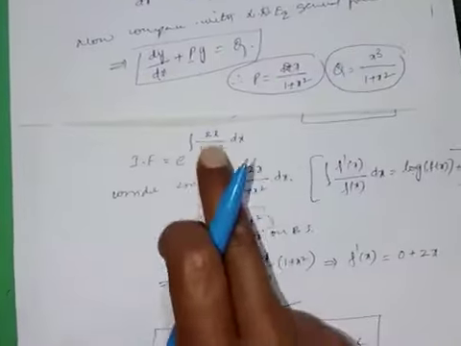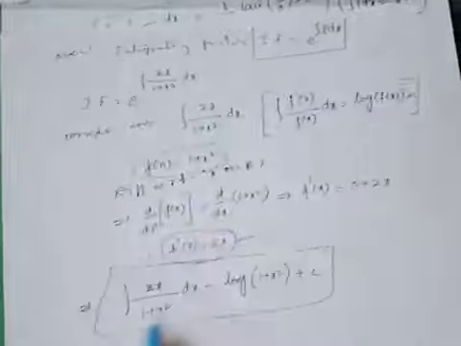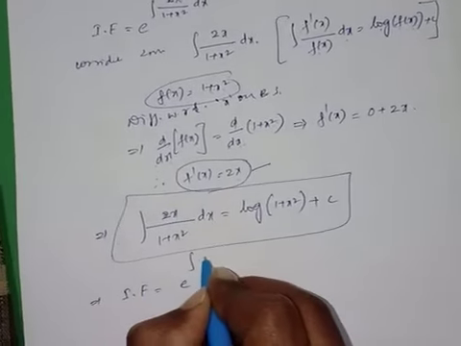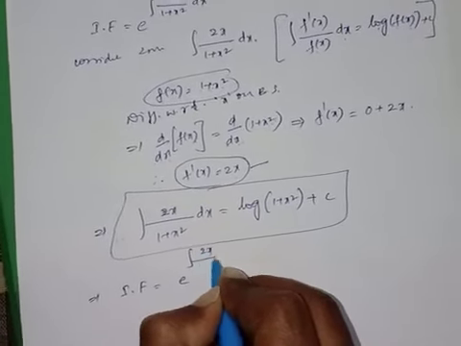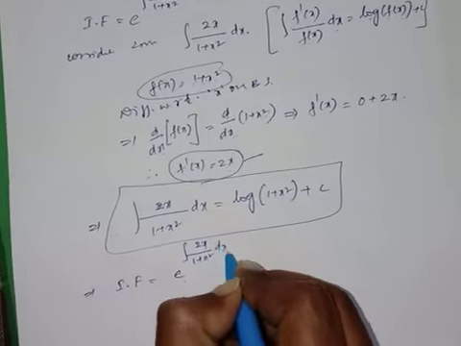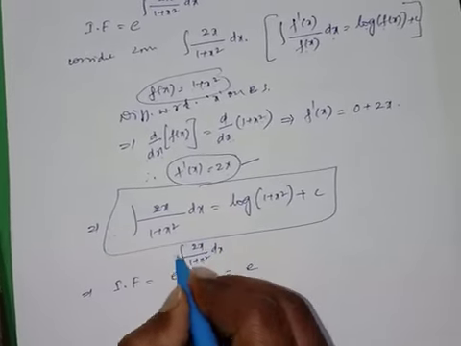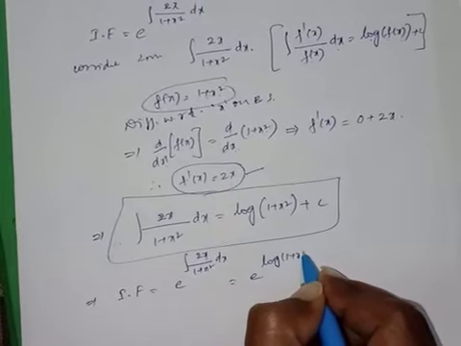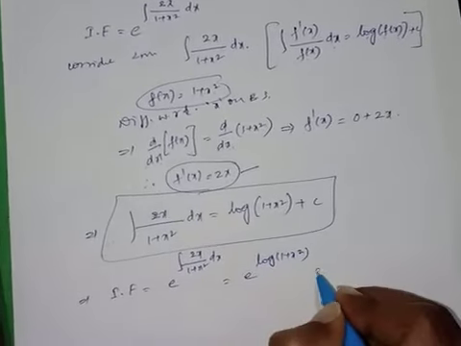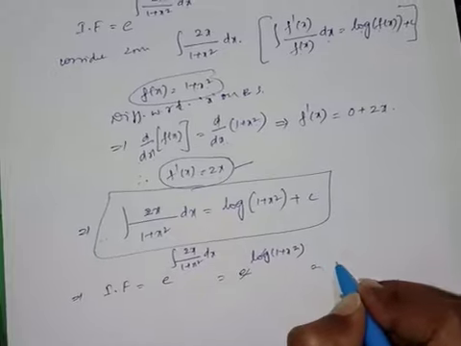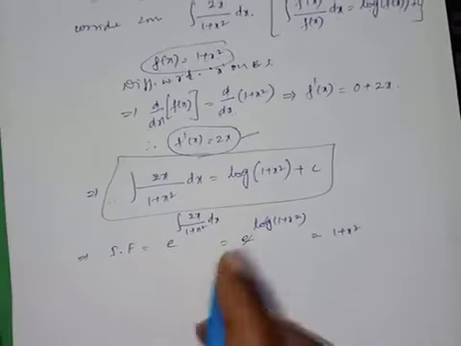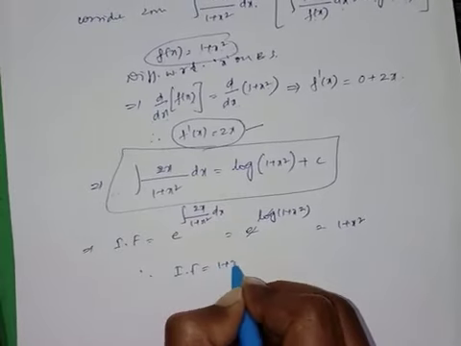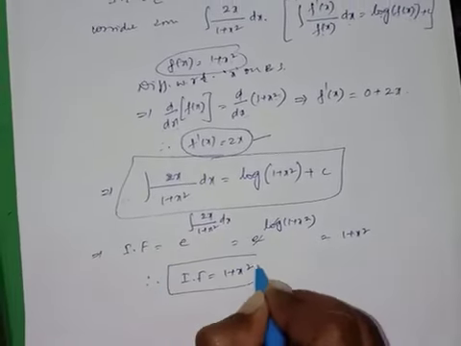Substitute: the integrating factor is e to the power of the integral of 2x/(1 + x²) dx, which equals e to the power of log(1 + x²). The e and log cancel, and the remaining is 1 + x². Therefore the integrating factor is 1 + x².